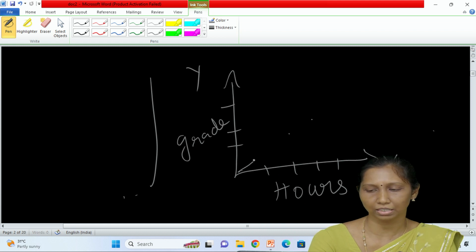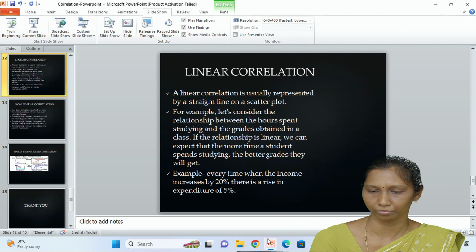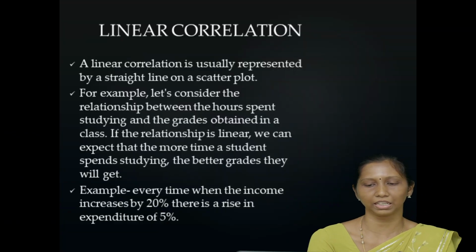So we can represent this diagram by a single line. If one variable increases, the other variable also increases. That is called linear correlation.